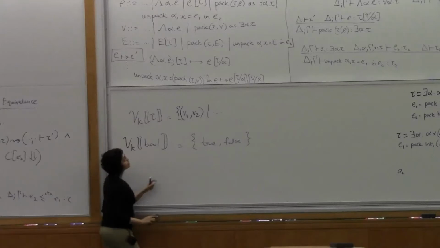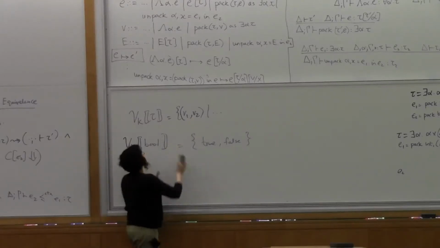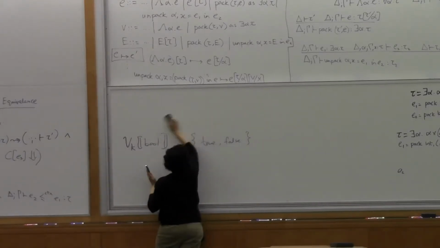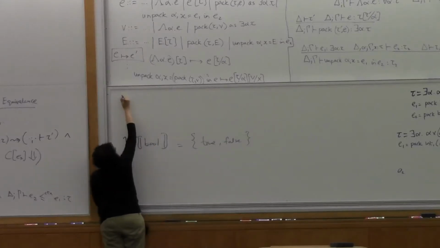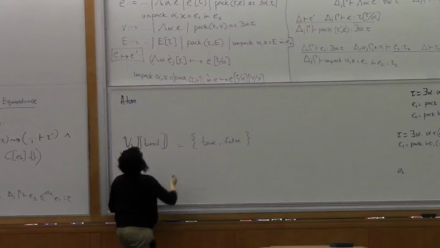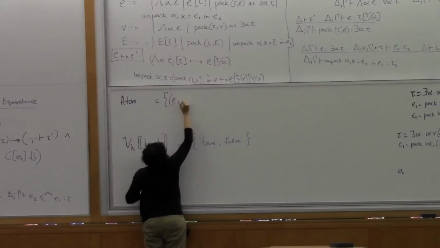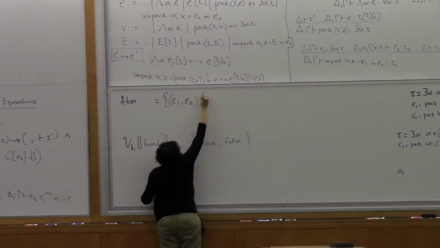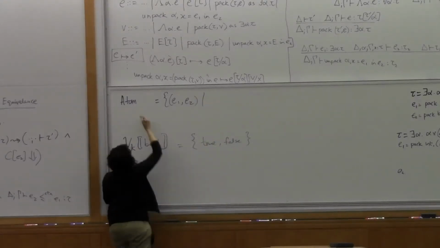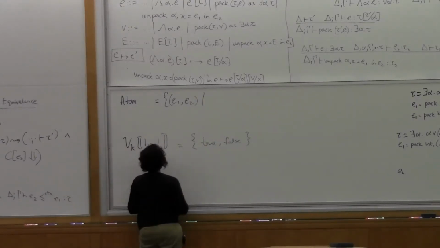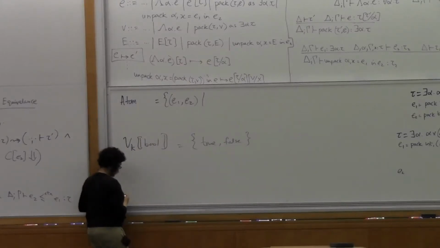I'm going to make sure today that these are well typed. So let me just put up a couple of predicates. I'm going to define the set atom as sets of expressions E1 and E2. In fact, I shouldn't be doing this yet.